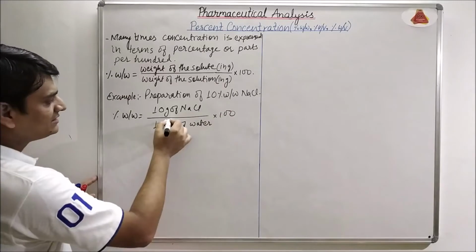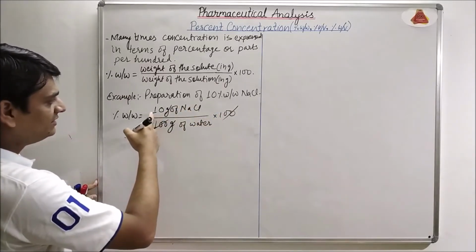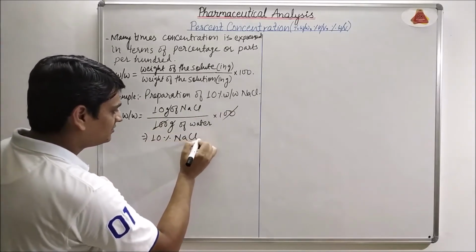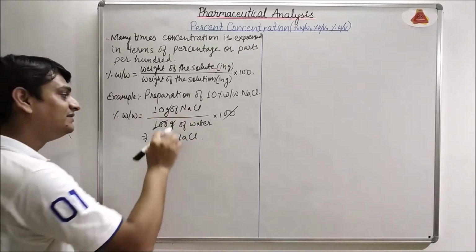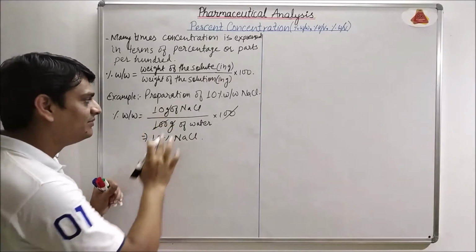So ultimately this 100 will be cancelled by this one, this gram will be cancelled by this one, and the remaining is 10% NaCl. So for this solution we have to take 10 gram of NaCl and 90 gram of water. So total weight will be 10 plus 90, it will be 100 gram.